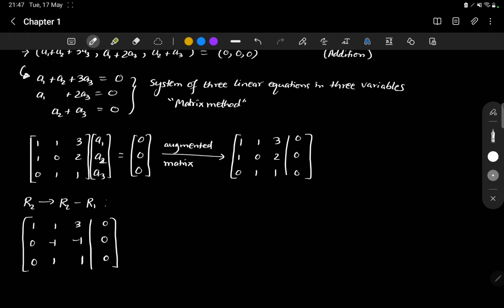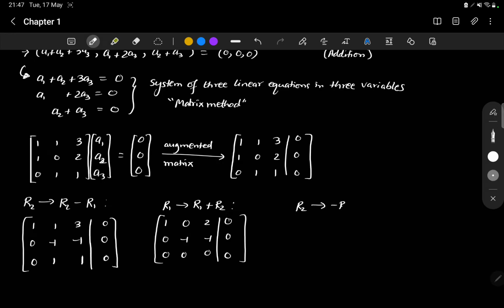We want to make this element 0. So the row operation corresponding to that would be row 1 goes to row 1 plus row 2. So 1, 0, 2. So we have made this element also 0. Then this is a pivot element over here, the first non-zero element in this row. We want to make this positive 1, so row 2 goes to minus row 2.